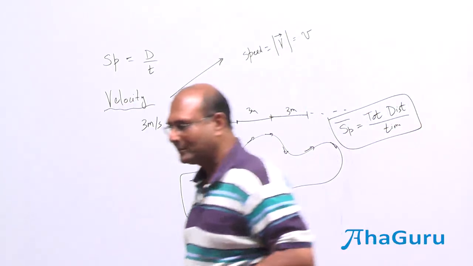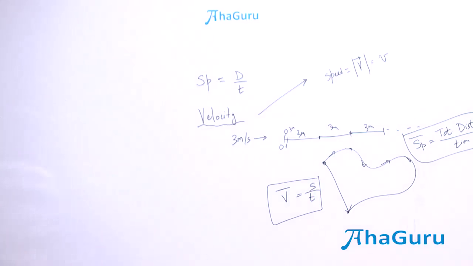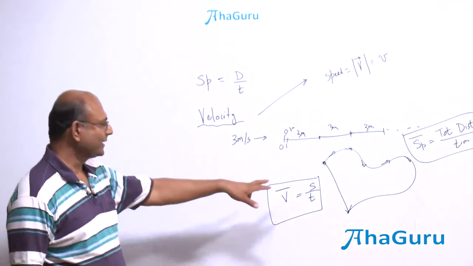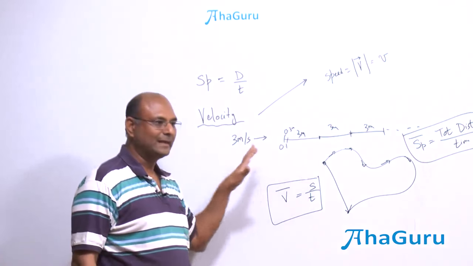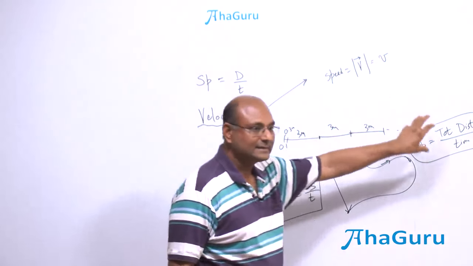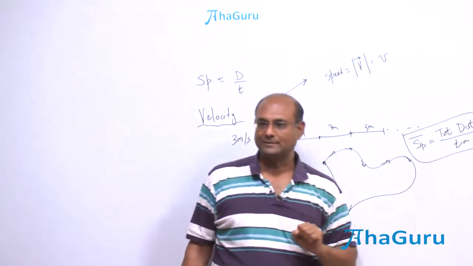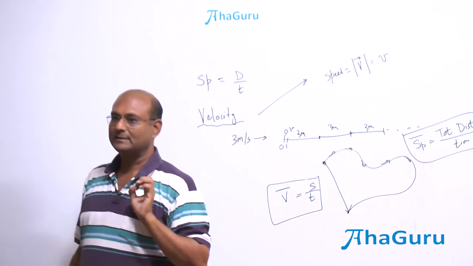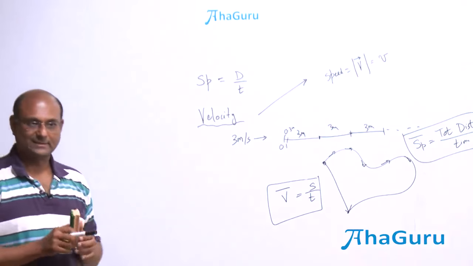If I go from here to there, then for the total time, what is my displacement? This is my displacement. I don't have to talk about total displacement, because displacement already incorporates the word total in it. So displacement by time is average velocity. Total distance by time is average speed. Now these are averages.